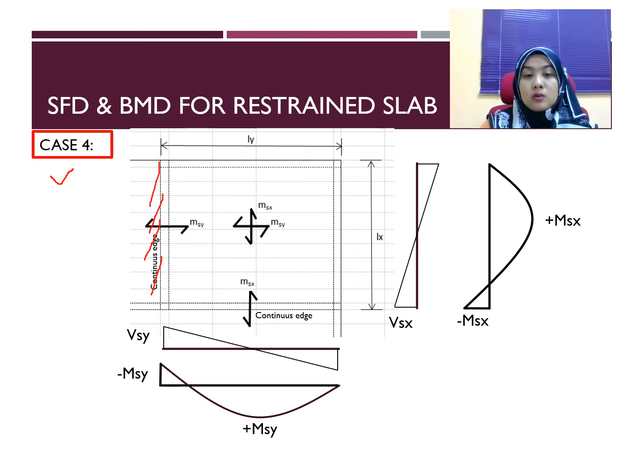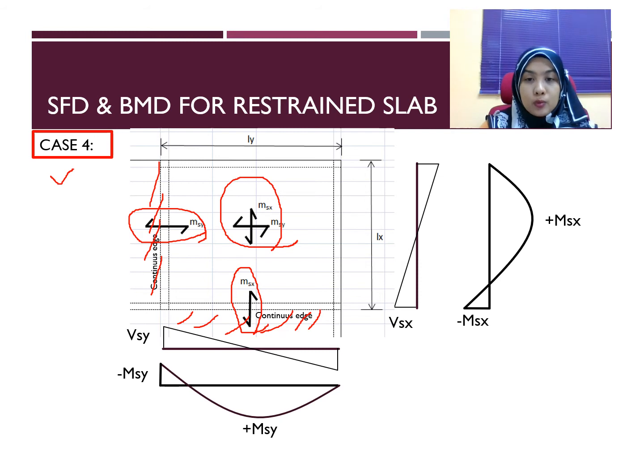So this side is continuous. For a continuous edge, you have negative moment. So here is negative moment, and at the midspan, you have a positive moment. Then you draw your SFD diagram. You have to draw for both directions, which is x direction and also y direction.